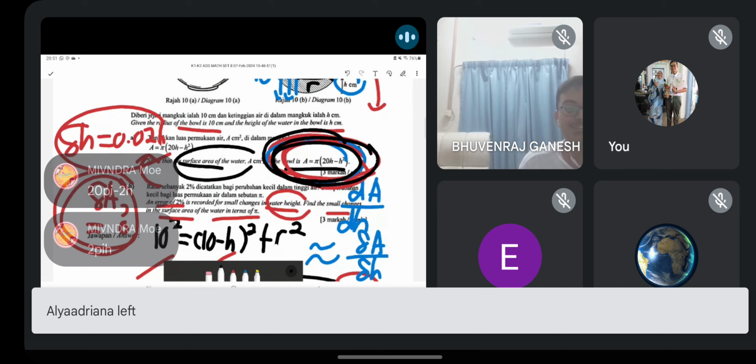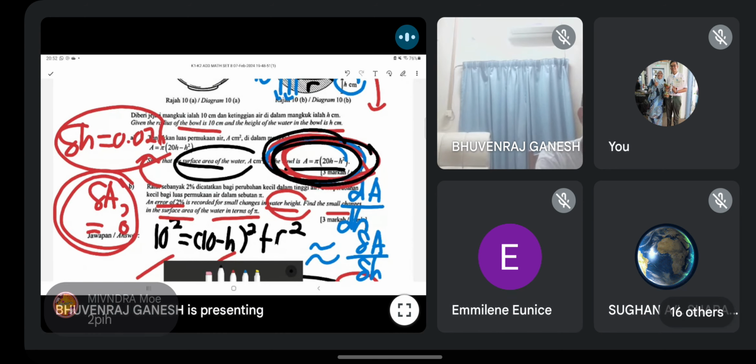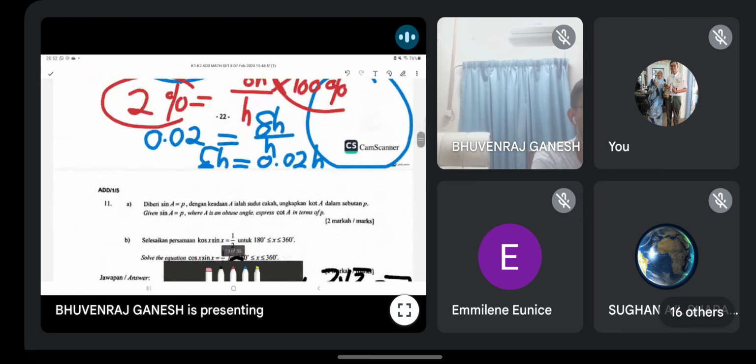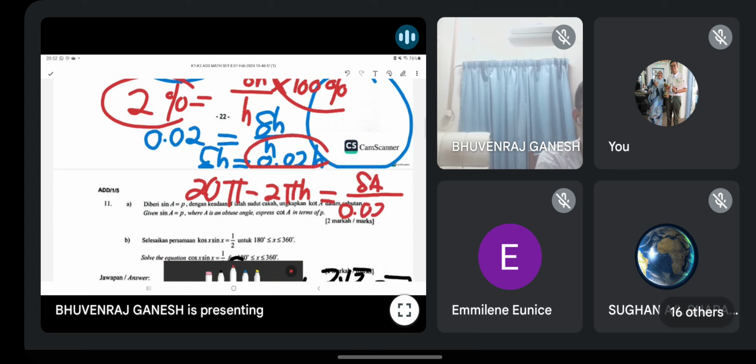Got silap a bit, careful. Yes, 2 pi h, correct. So 20 pi minus 2 pi h. So you can write over here: 20 pi minus 2 pi h equal to delta A over delta H, delta H is 0.02H.